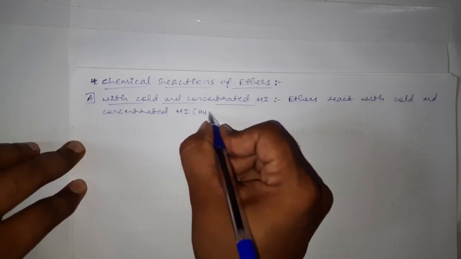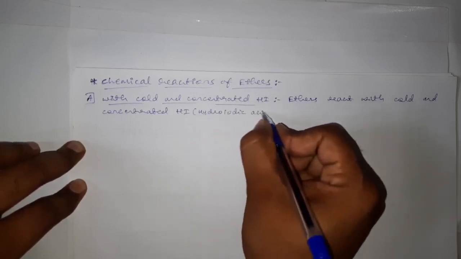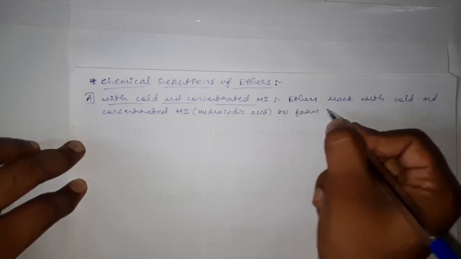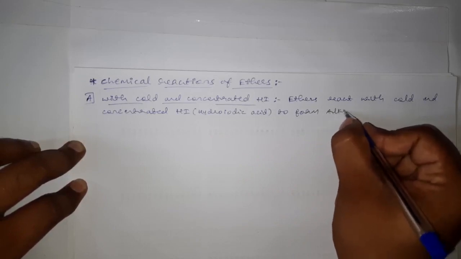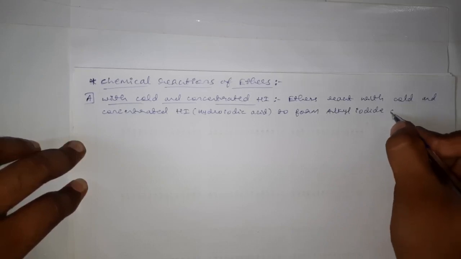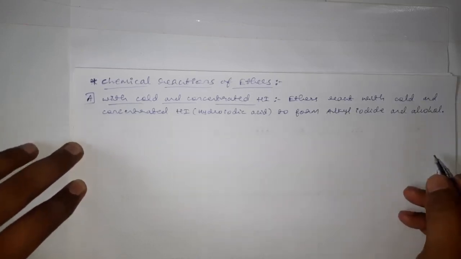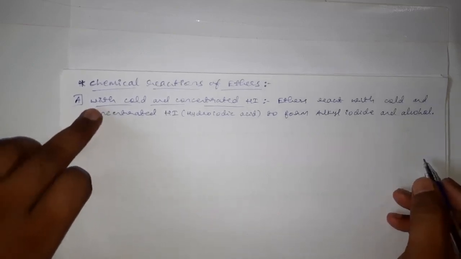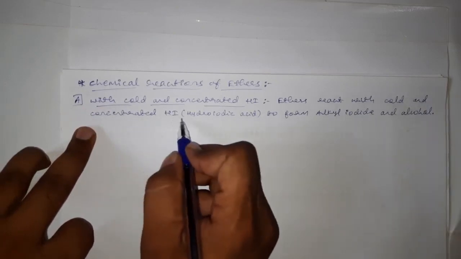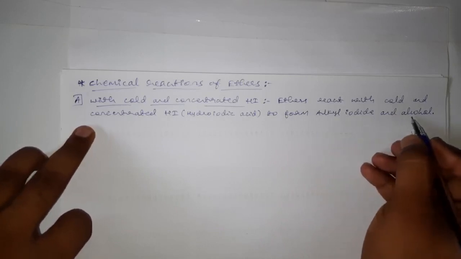This we can write as HI, hydroiodic acid, to form alkyl iodide and alcohol. When ethers are reacted with cold and concentrated hydroiodic acid, we will get alkyl iodide and alcohol.